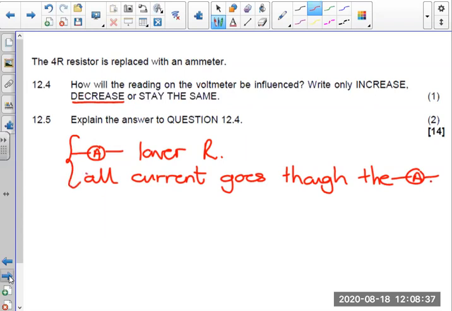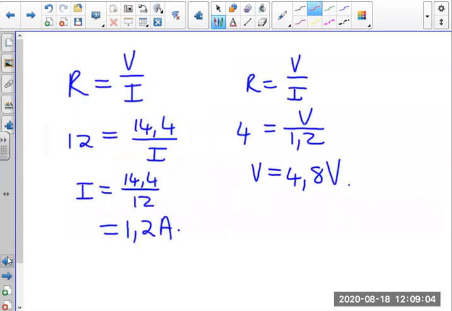Another explanation, we can say that the ammeter short circuits the resistors. So it's going to take out the total resistance. No current flows through 2R. Or we can say the ammeter shortcuts the system. But that's actually what's happening.